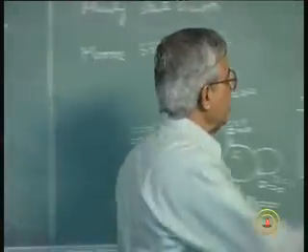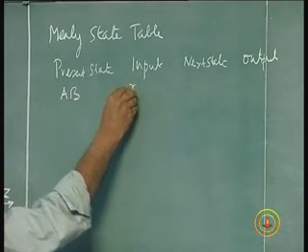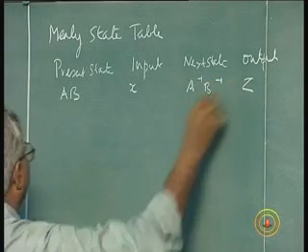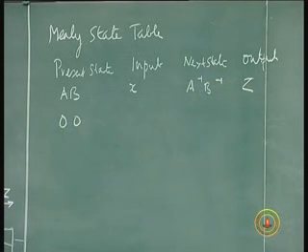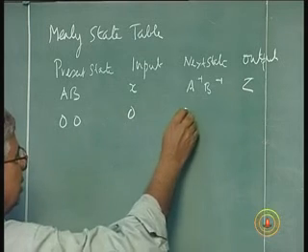So the present state value, input X, next state value, output Z. Present state variables A and B are 0, 0 here. Input X is 0. What will be the next state?